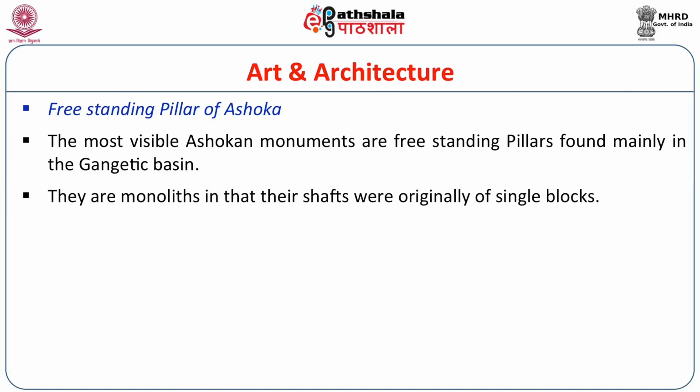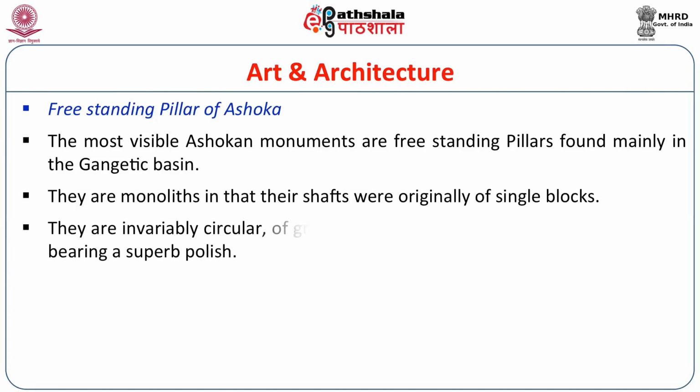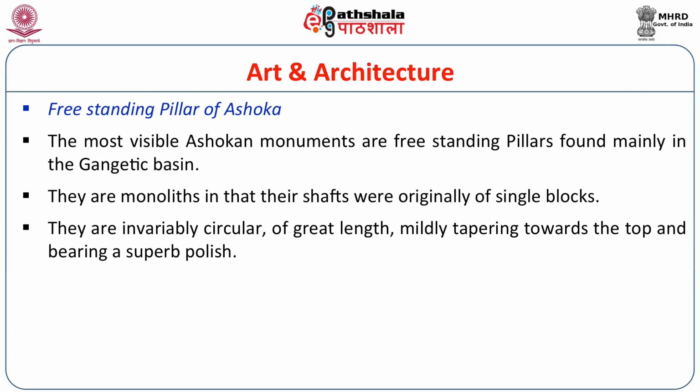Just to gloss over a few of the features of the Ashokan pillars, we can say that they are monoliths because their shafts were originally of single blocks of stones. They are invariably circular, of great length, and mildly tapering towards the top.